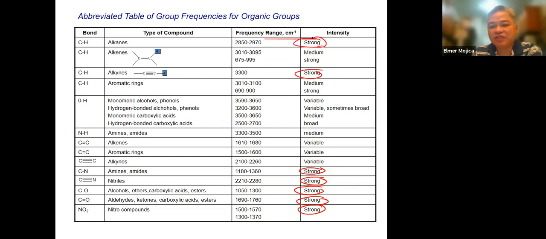What can you say about the common denominator of those with strong intensity, compared to those with medium or variable intensity? What do you think is the common denominator? Anyone? This is just deducing from your observation based on their structure. What can you say?